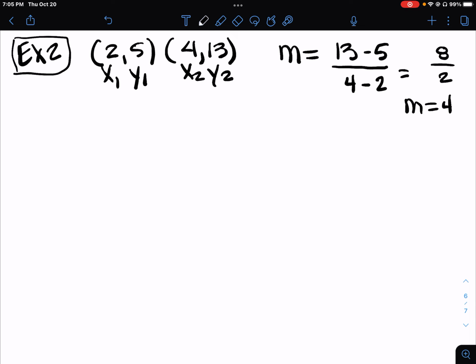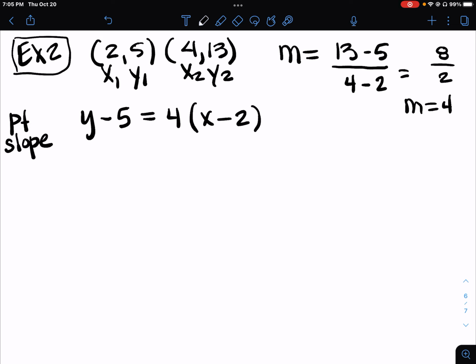Okay, so now we can find our point slope using y minus y1 is 5 equals m 4, x minus x1 is 2. Okay, so that's the point slope form. For the slope intercept, we solve for y.